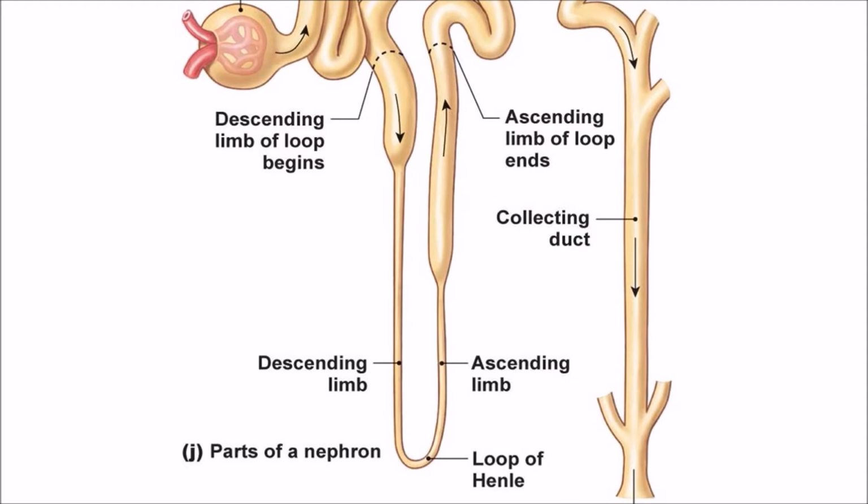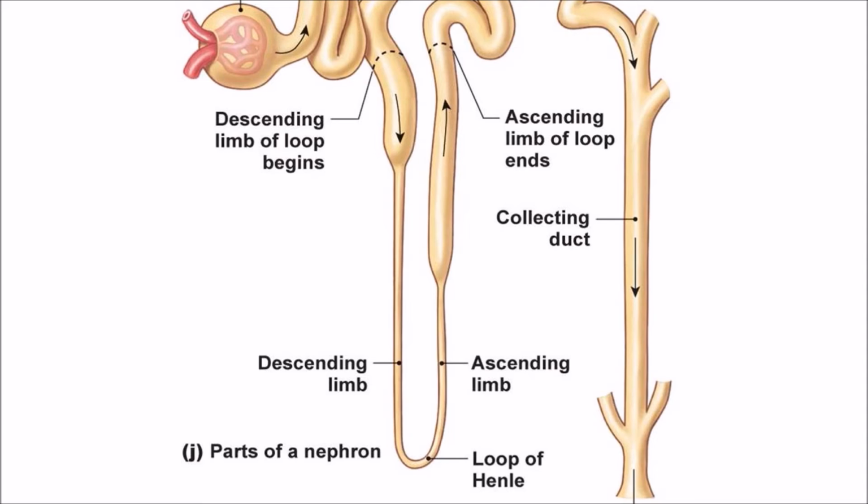Then we dive down into the medulla with this thing called the loop of Henle. Now, the ascending limb, the bit going back up, is permeable only to ions, and once again we get the active transport of sodium, potassium, chlorine pumping out. Now this takes ATP. This is an energetic process.